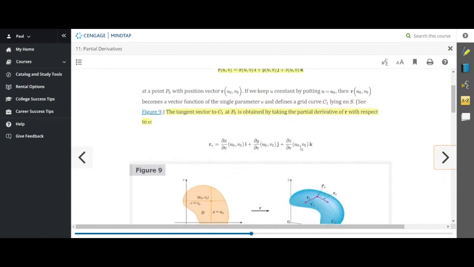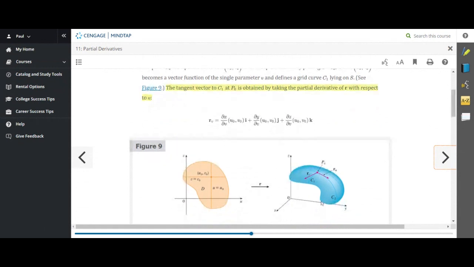Okay, the derivative vectors, I mean, they have r sub v up here. That's where, let me just highlight it here.